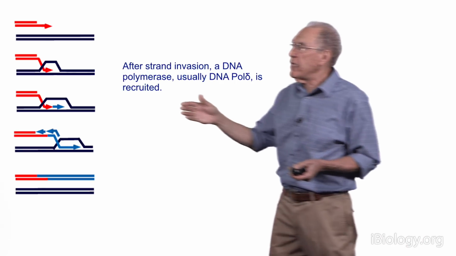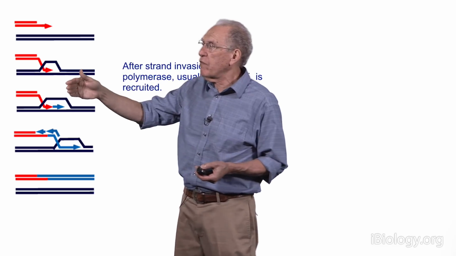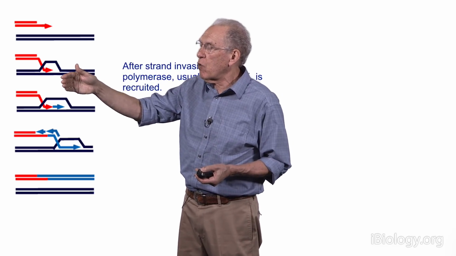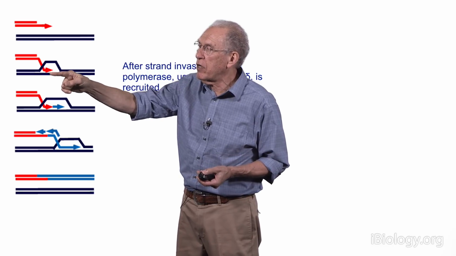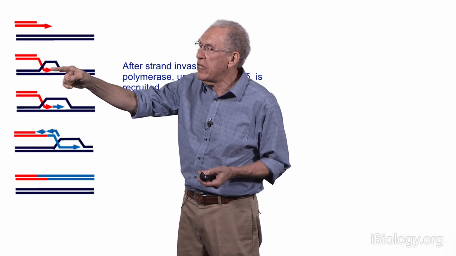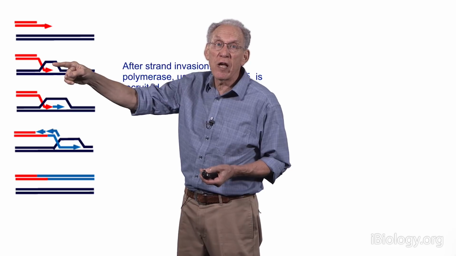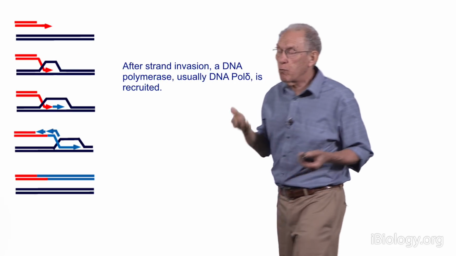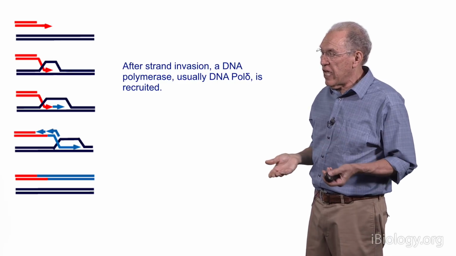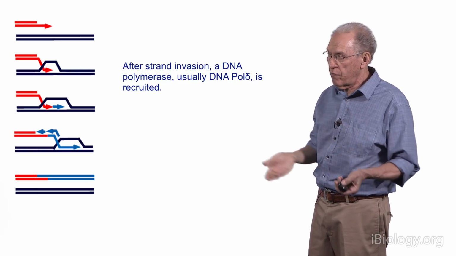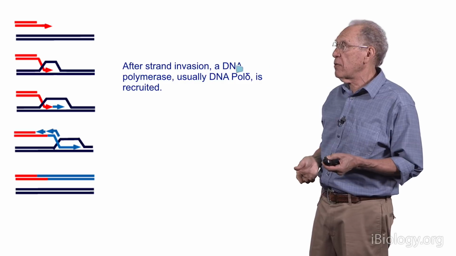And of course, what that means in real terms is that there's a formation of what we will call a displacement or D-loop. Here's the Watson-Crick base pairing that the RAD51 filament has made, and this is a displaced strand, which is part of this duplex template. And that provides the initiation for new DNA synthesis and for this repair process to take place.